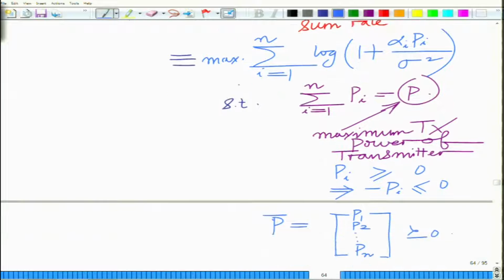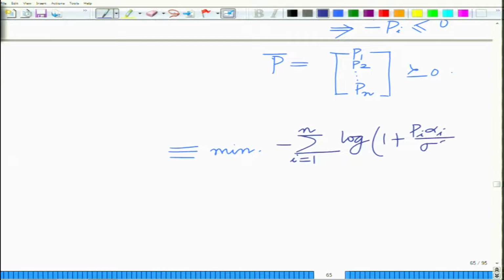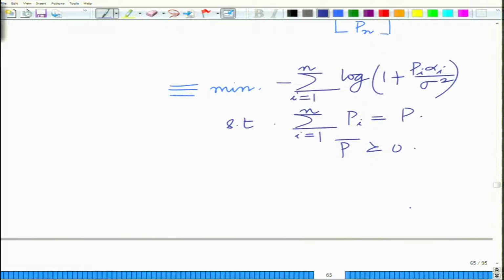Again equivalently, I can write this as minimize the negative of the sum i equals 1 to n of log of 1 plus P i alpha i by sigma square, subject to the constraint sum i equals 1 to n of P i equals P. This is the equality constraint, and the inequality constraint is that each P bar is component-wise greater than or equal to 0, each element P i is greater than or equal to 0.